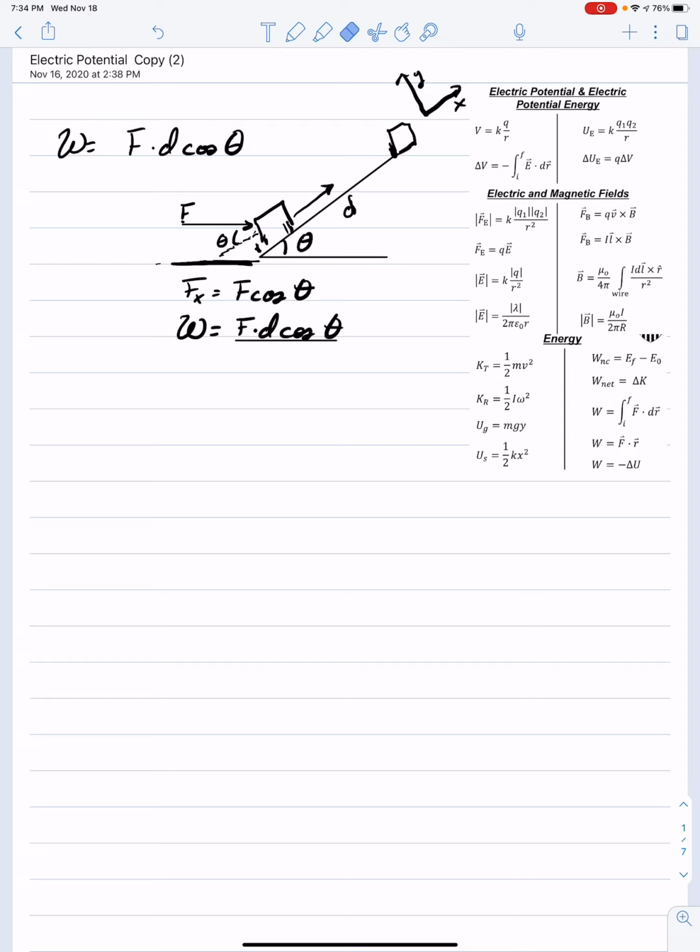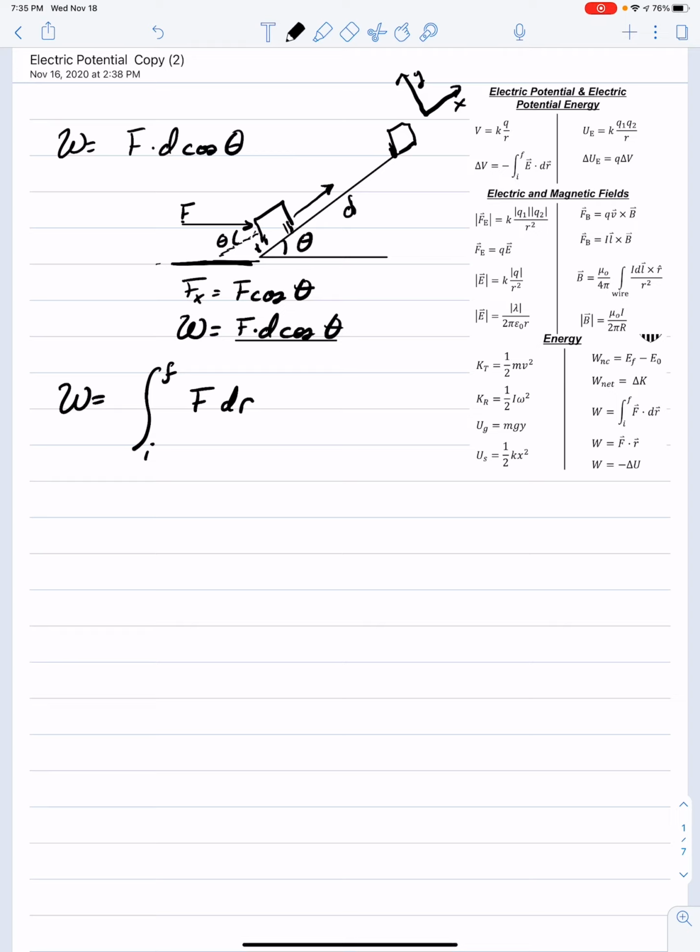That being said, we can rewrite this as work equals the integral from the initial distance to the final distance of force times the infinitesimal distance traveled.